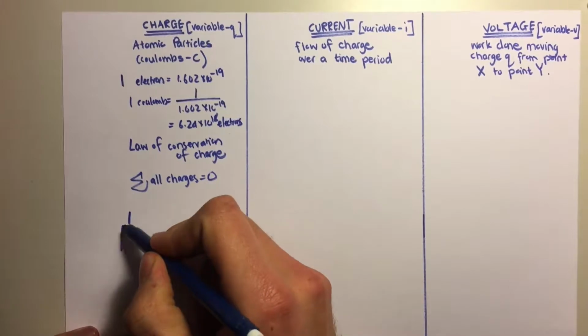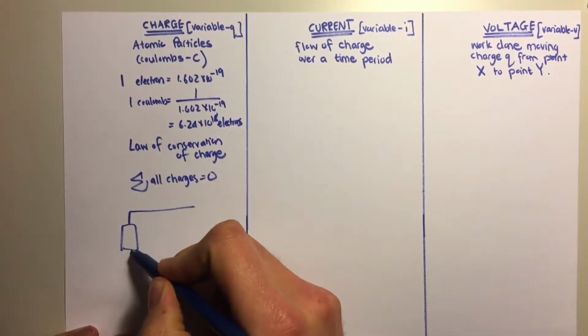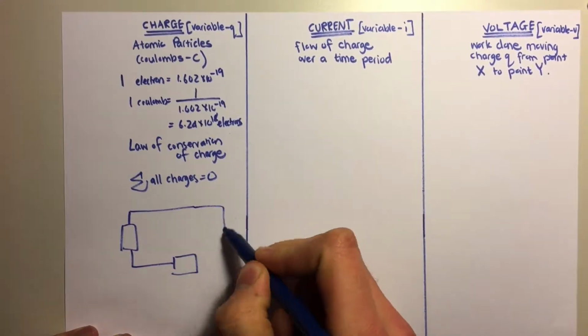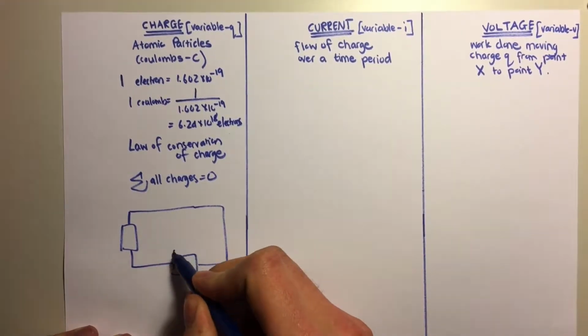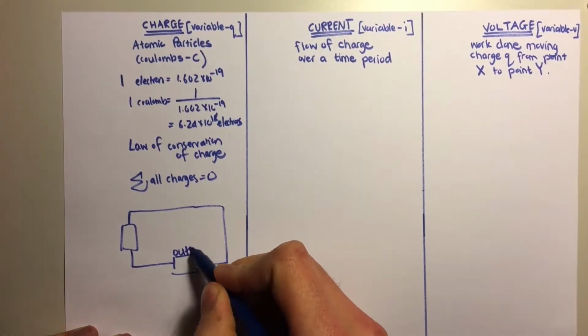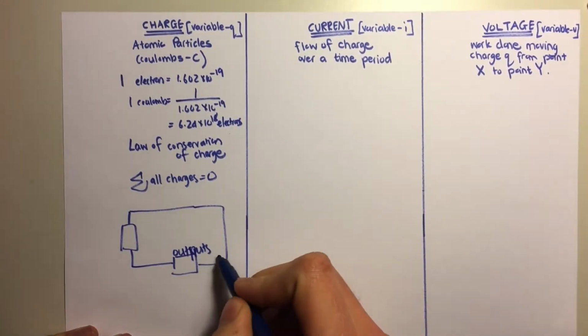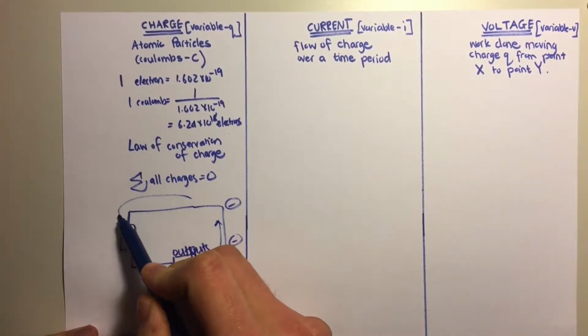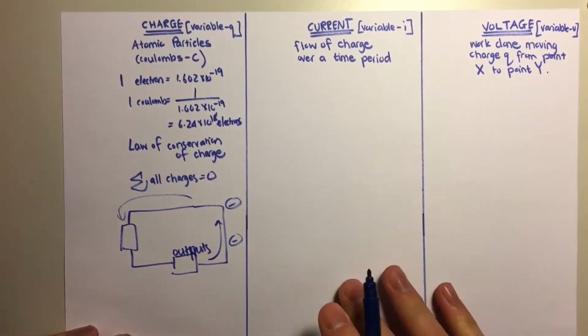So if I have a circuit with an element like this, whatever element it is, it doesn't matter, and we have another element here. Let's say this element outputs a certain charge, then this element over here must use all that charge.